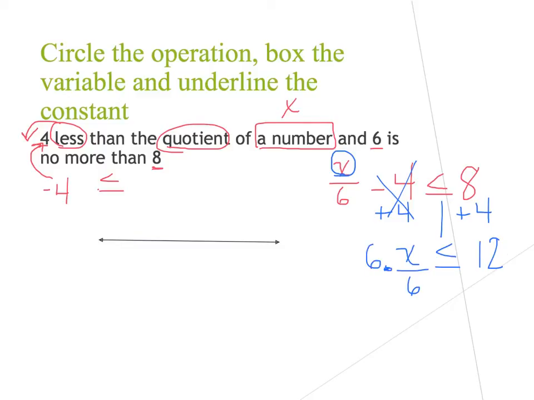That cancels, which leaves me with x is less than or equal to 6 times 12 is 72. All right. Let's graph it and check. So my answer is going to be 72.